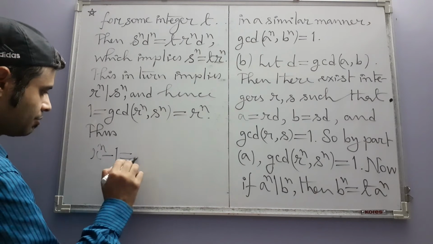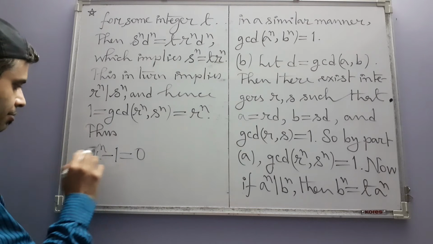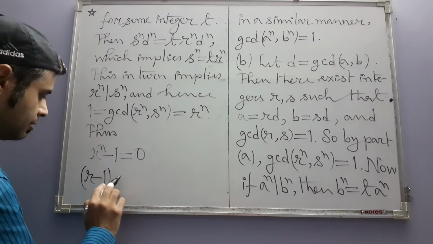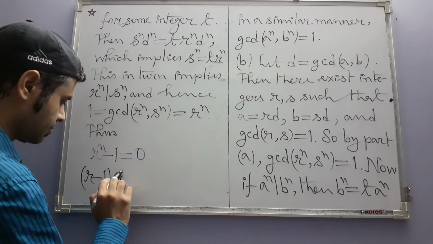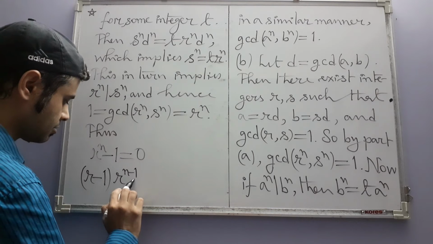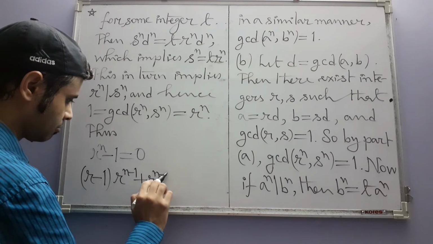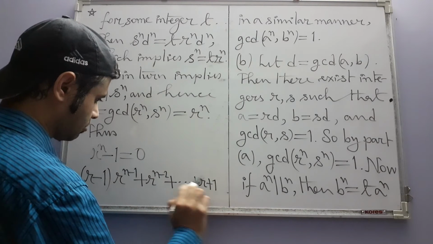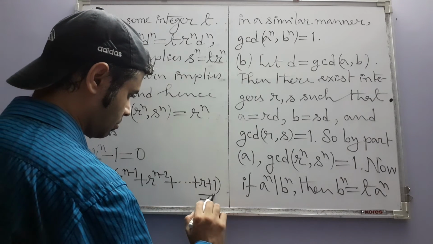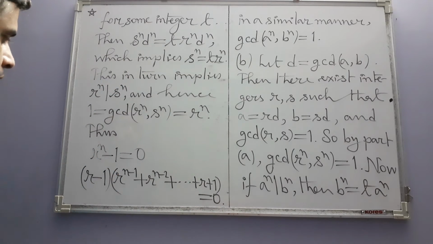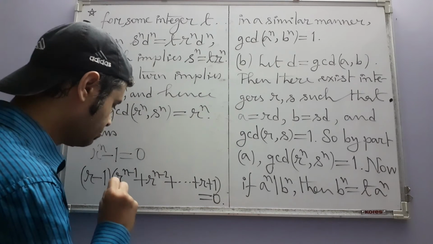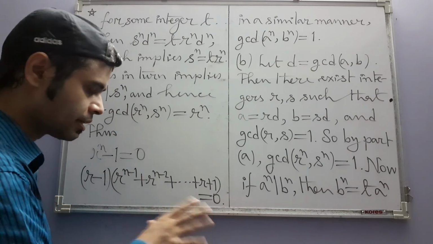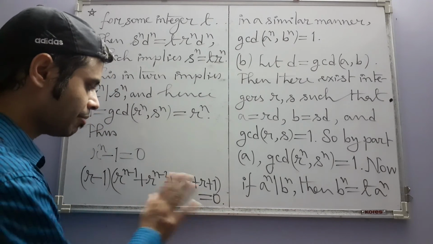This equation is equivalent to r to the power n minus 1 equals 0, and if you recall, there is an identity in elementary algebra which looks like this. Now, if r is positive, then this thing is also strictly positive, because you see we don't have any minus here.